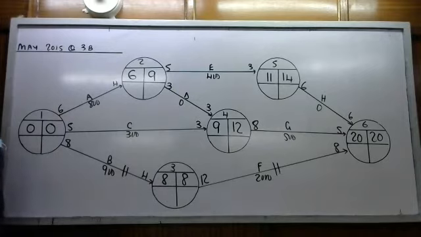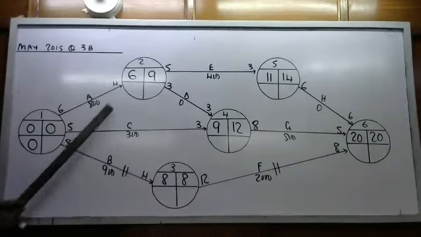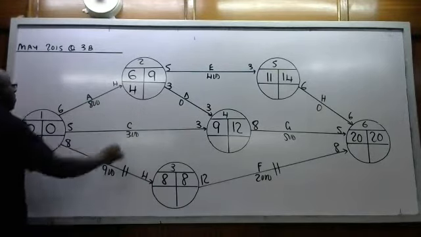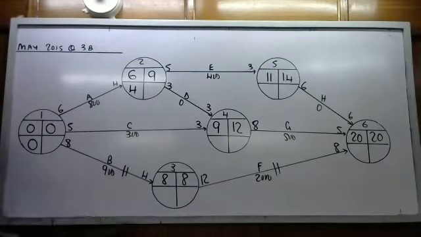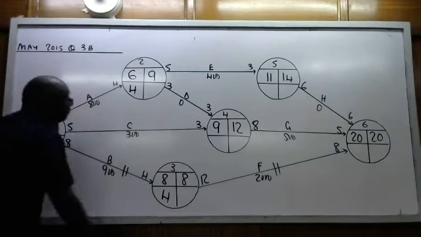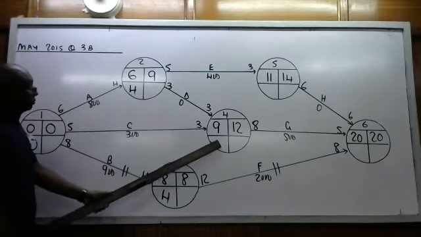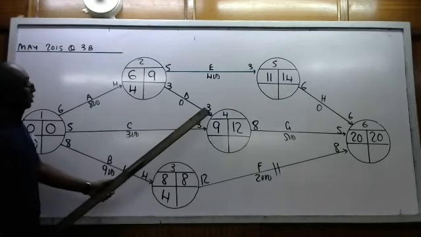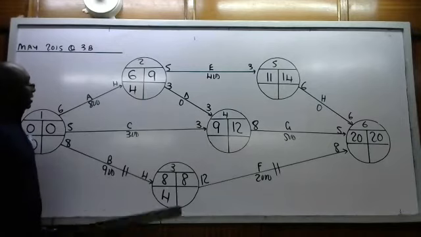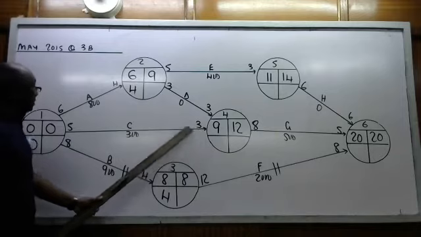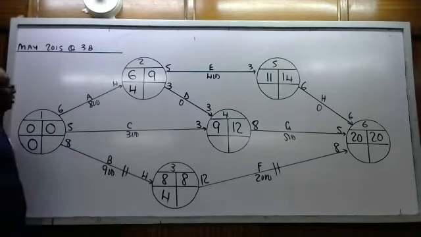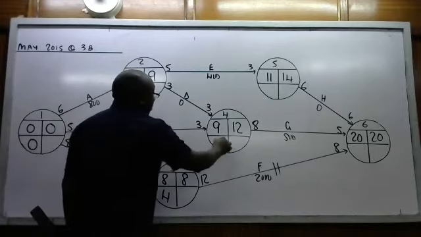Let's do the crash times. So 0 plus 4, that gives me 4. 0 plus 4, that gives me 4 as well. When I get here, there are 2 arrows, so it is 3 plus 4, that is 7, and 3 plus 0, that is 3, so I go for 7.